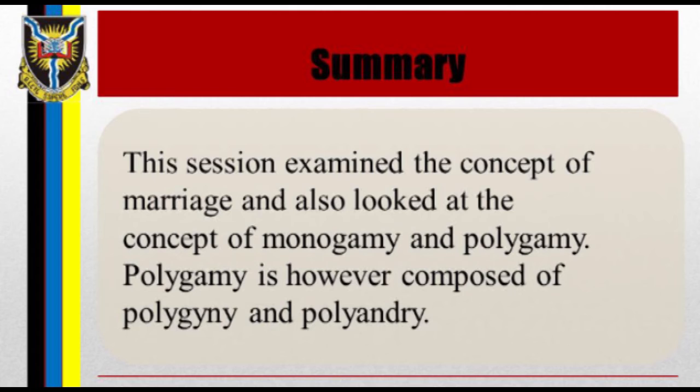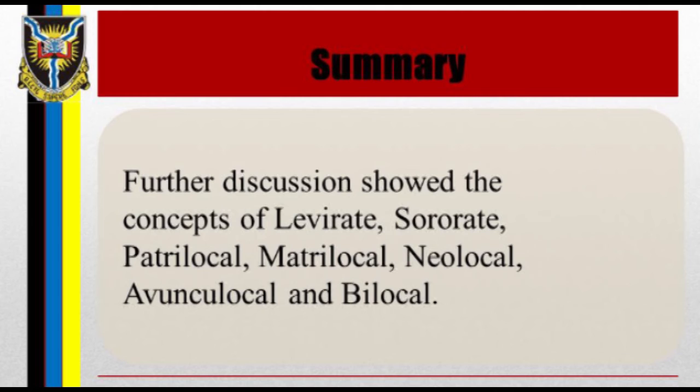Polygamy is composed of polygyny, a man married to more than one wife, and polyandry, a woman married to more than one man. Further discussion shows that levirate and sororate have their social functions aside from the major functions marriage performs in societies.